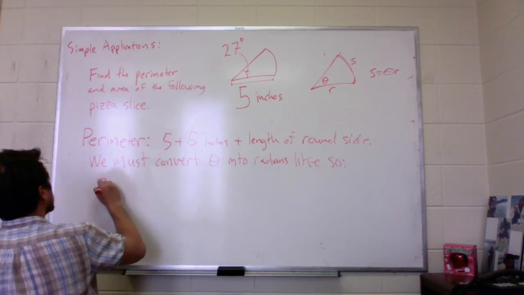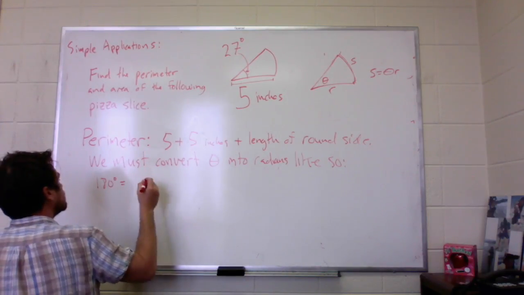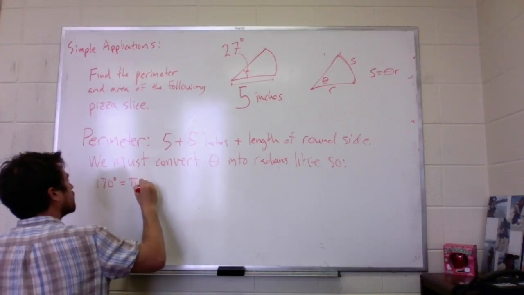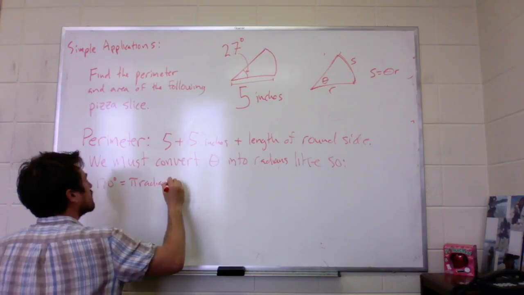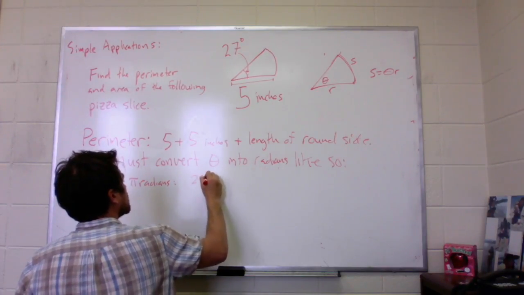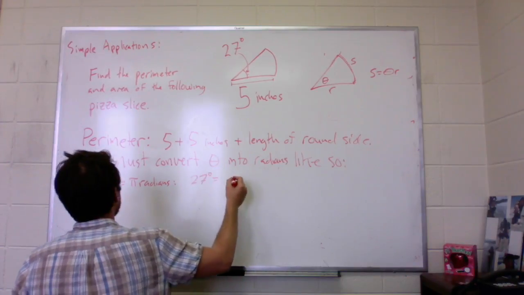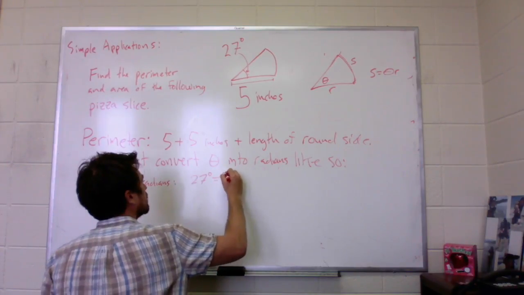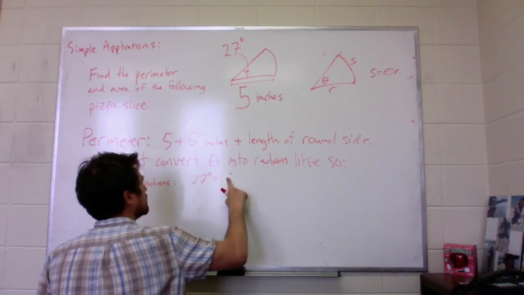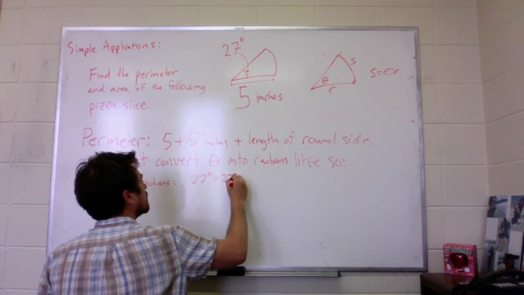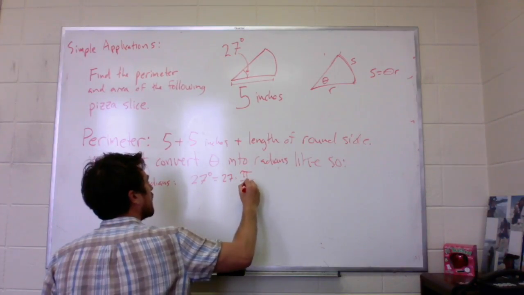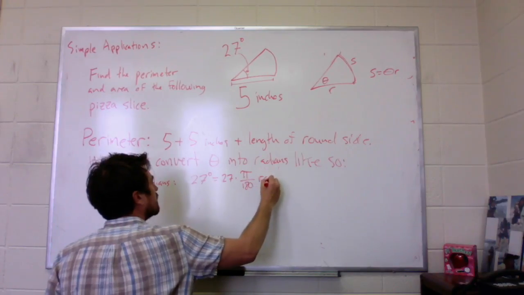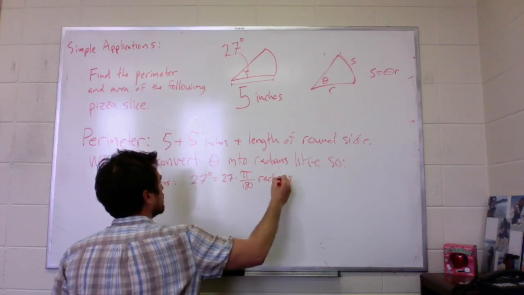We remember that 180 degrees is equal to pi radians. Therefore, 27 degrees corresponds to 27 times pi divided by 180 radians.